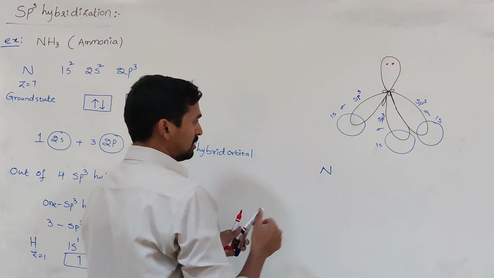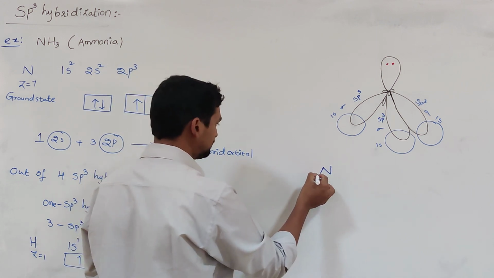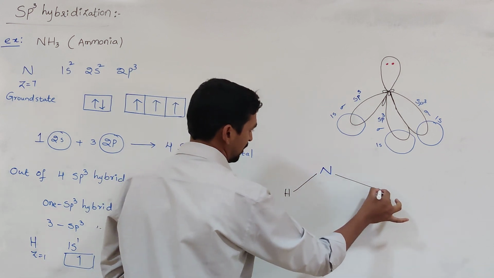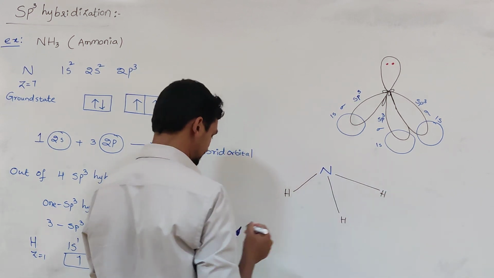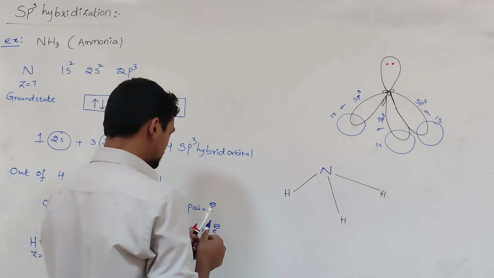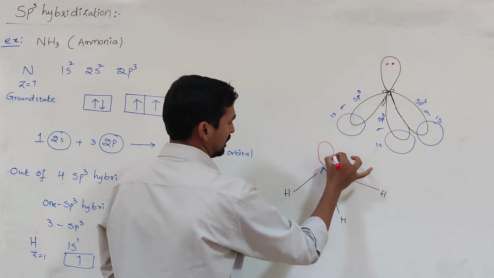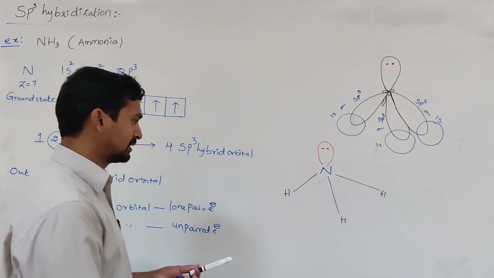The 3 bonds form the base, with hydrogen, hydrogen and hydrogen attached to the nitrogen, and one position contains a lone pair of electrons.